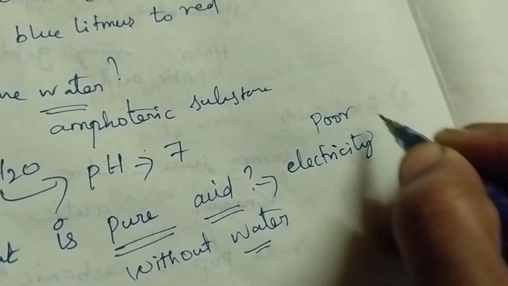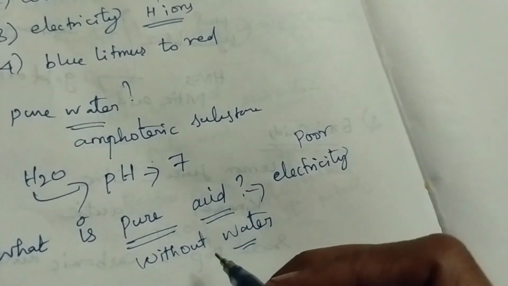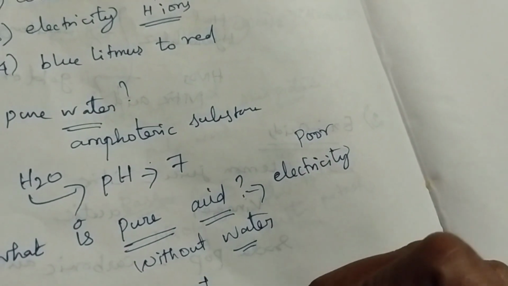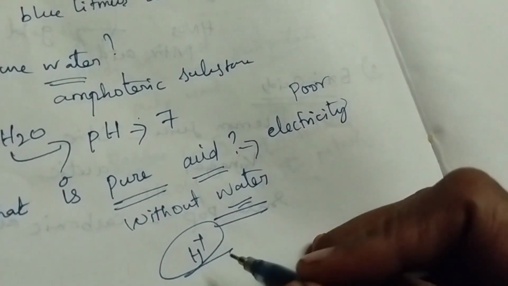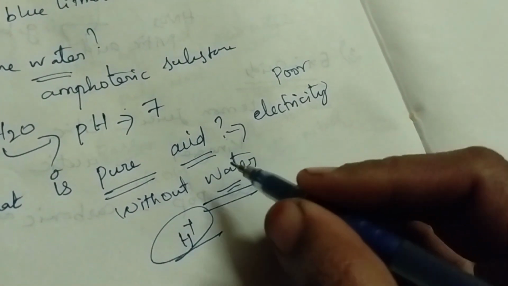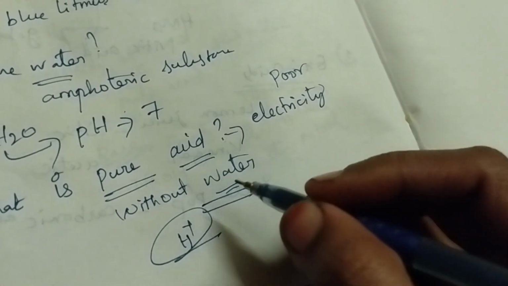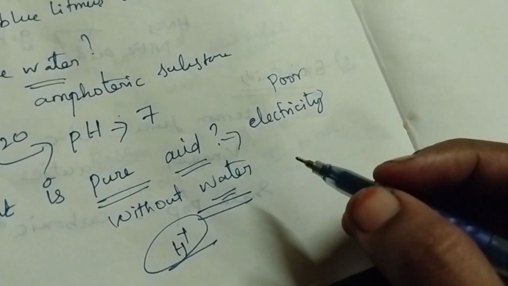It is a poor electric conductor. Why? Without water, how can it contain H plus ions? If we add water, only then will it contain H plus ions, and this H plus ion is the main source for the conduction of electricity. So pure acid without water conducts electricity very poorly.